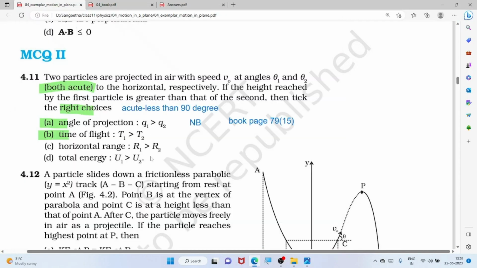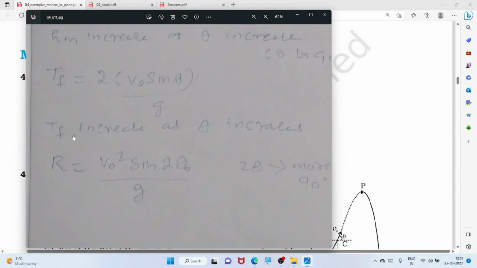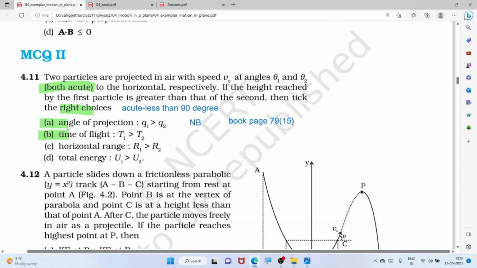So this is also correct, but these things we have 2 theta that will come on the other side, after 90 it may come. So here we have 2 theta. 2 theta means, suppose sine 60 means 2 theta is 120. That will come on this decreasing slope of the sine theta. So this may not be correct. Okay, these two are correct.